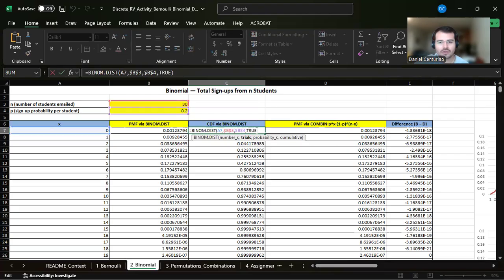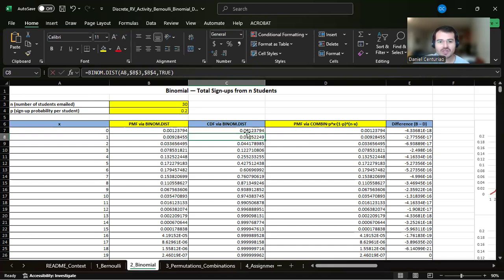Note here is the true, which is the cumulative one, which means this second line is the summation of the first line plus the second probability associated with the second individual in our sample.